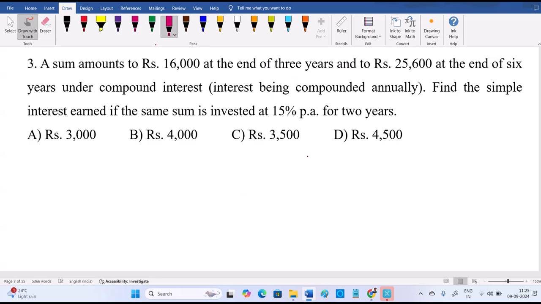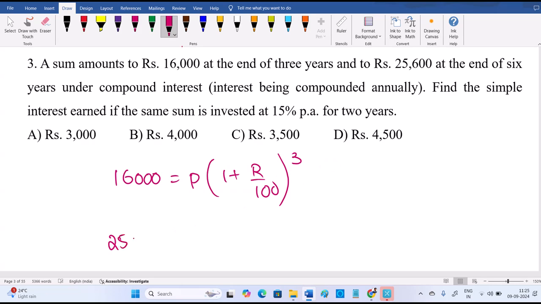So here, using the compound interest concept, 16,000 is the amount. So principal into a certain rate of interest to the power 3, whereas it becomes 25,600 in 6 years.